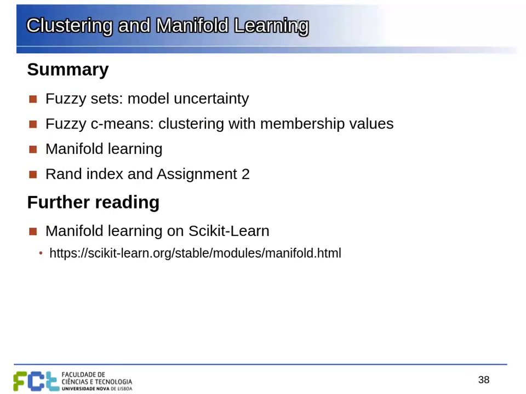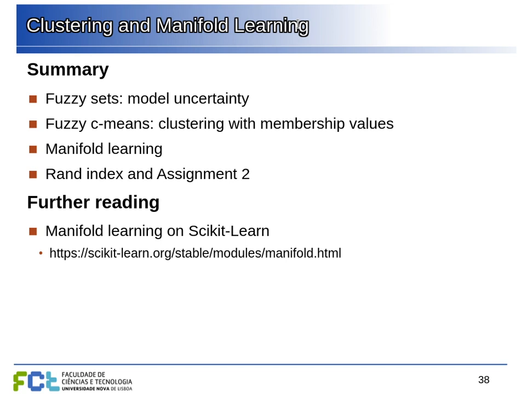To sum up, we saw fuzzy sets, the notion of fuzzy membership, and how we can apply this to clustering with the fuzzy c-means algorithm. This is similar to k-means, but it gives us a fuzzy clustering in which we have continuous membership values for all the points to all the clusters.